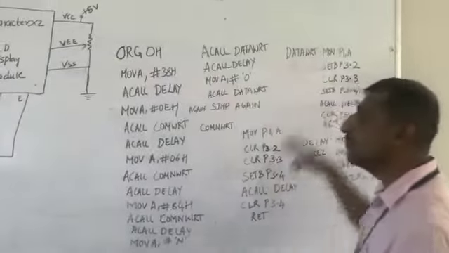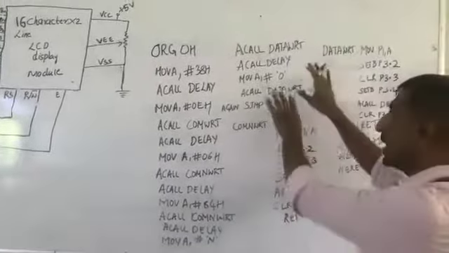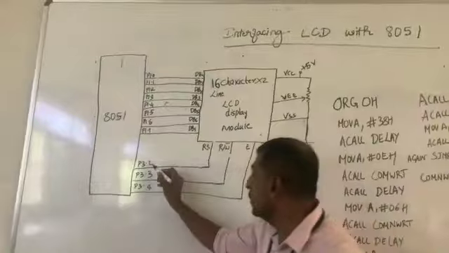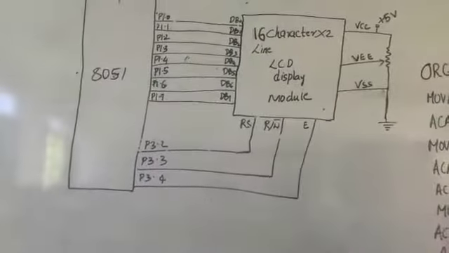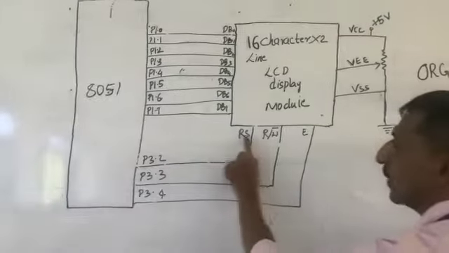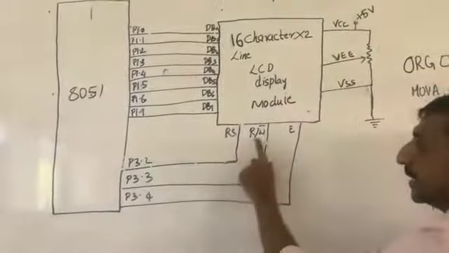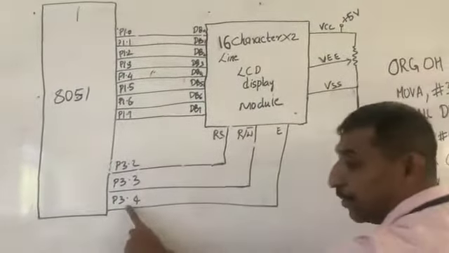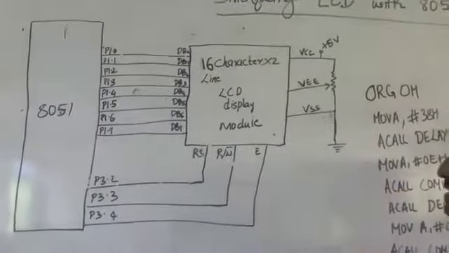See, here is a program that we have written for the LCD interface. Before I start explaining the program, let's again look into the interface that we have. You can notice that P3.2 is connected to register select, P3.3 is connected to read/write mode, P3.4 is connected to the enable signal of the LCD.